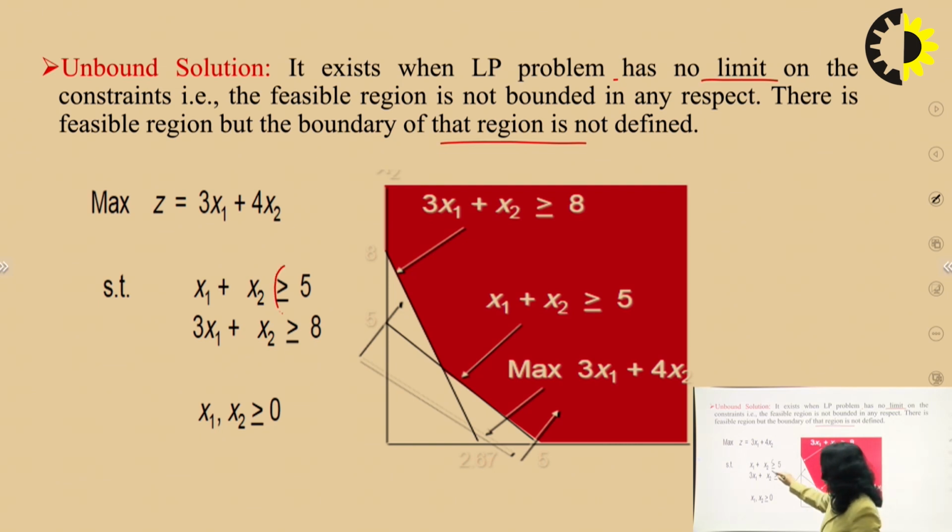Here we can see in both the constraints the greater than or equal to symbol is involved, so we will shade above the line. We have shaded above the line, but we can see here the common feasible region is this one, but it does not have any boundaries. So this type of solution is known as the unbounded solution.